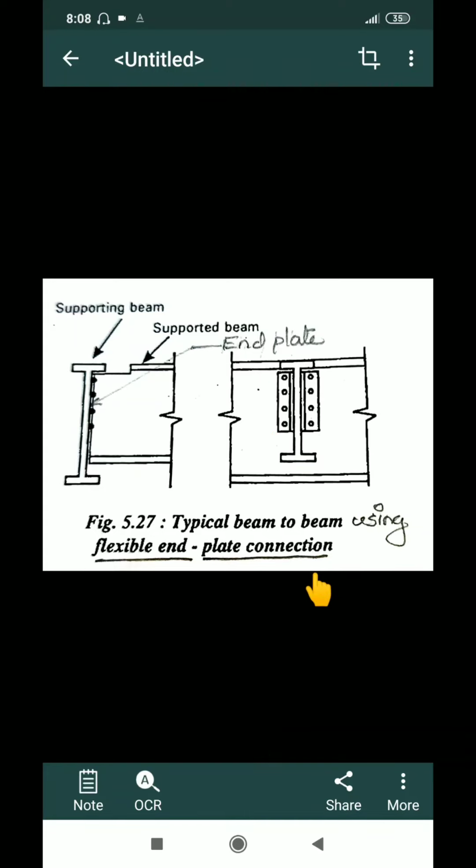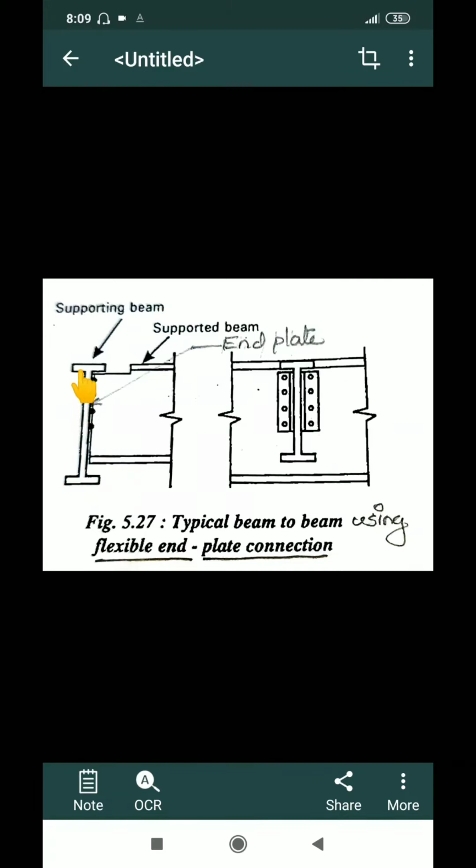Another type of connection is a typical beam to beam connection using a flexible end plate connection. So whenever we order prefabricated beams, as per our requirements, if I provide the actual length of the beam, I'll be getting a beam along with an end plate.